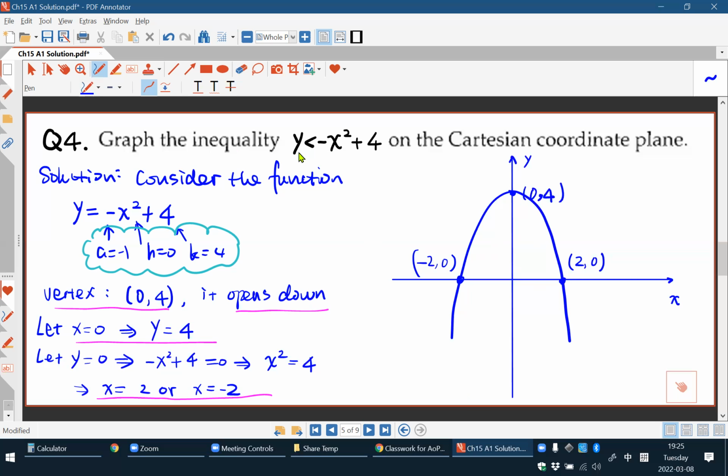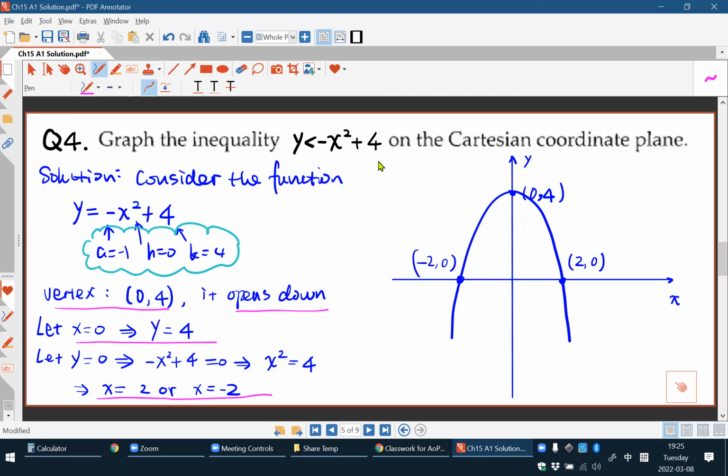So this inequality is actually the region under the curve, right? If y equals the right side, that's on the curve. Now this time it says y less than the curve. That means all the regions under the curve satisfy this expression.